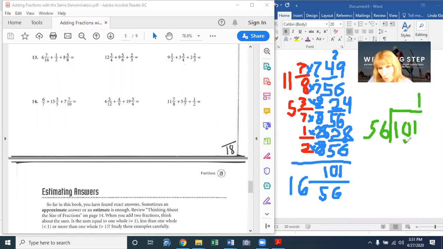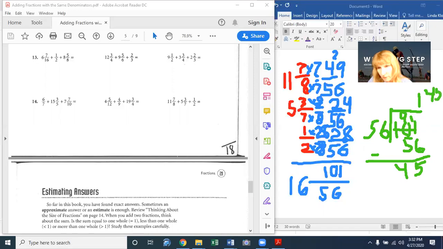So 101 minus 56, like this. So we can't take a 6 from a 1. We can't borrow from that. We have to borrow from the whole 10. That becomes 9. This becomes 11. 11 minus 6 is 5. 9 minus 5 is 4. So then we've got 1 and 45.